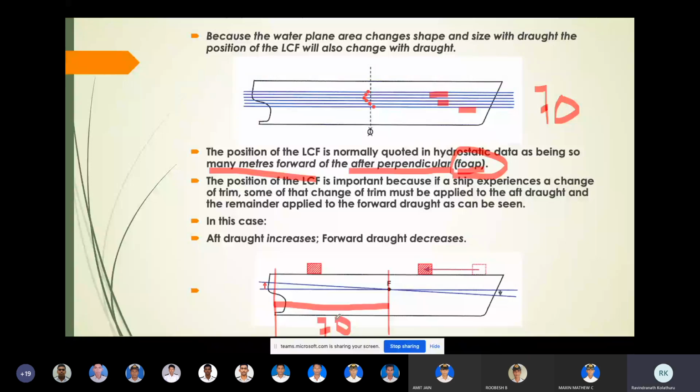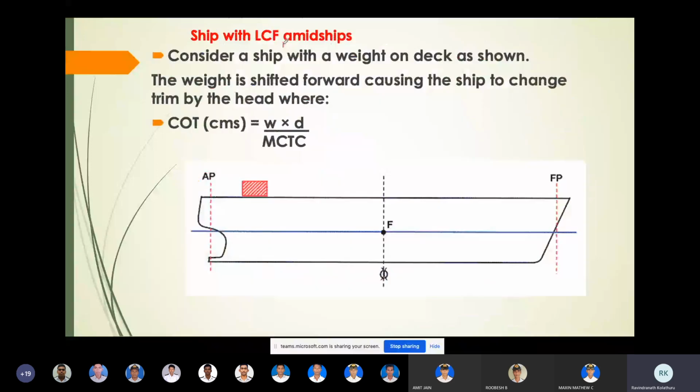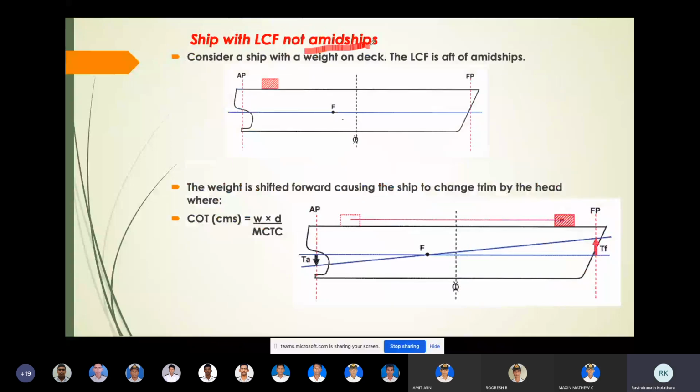Now we will be taking two conditions to assess the trim. The first condition is when the LCF is at midship, midship meaning at the center. And the next condition we will be discussing is when LCF is not at midship, meaning F is not at midship, it is somewhere aft, or maybe it can be forward also.